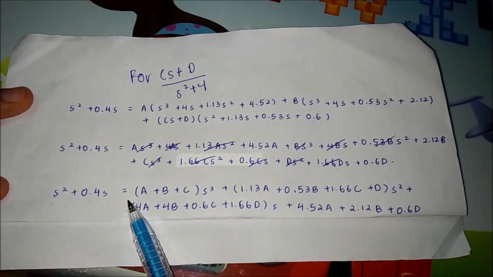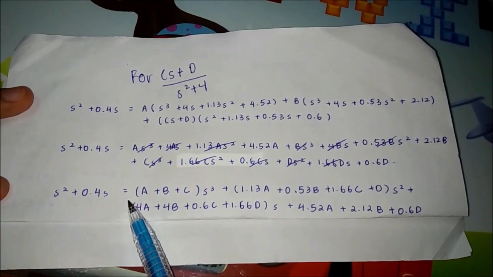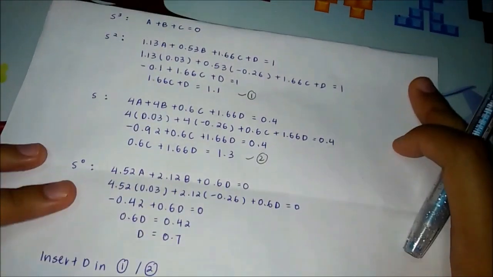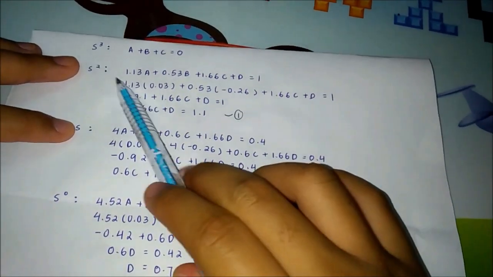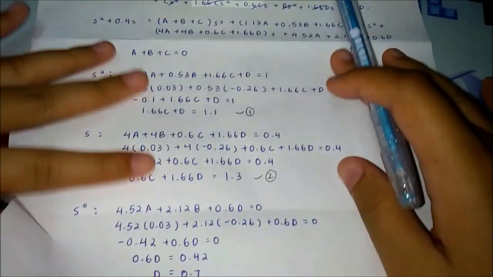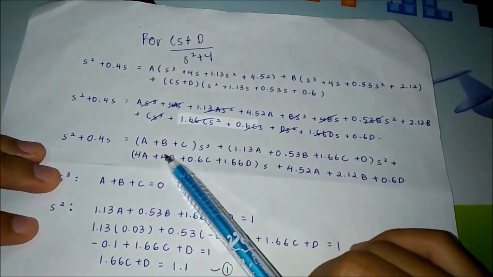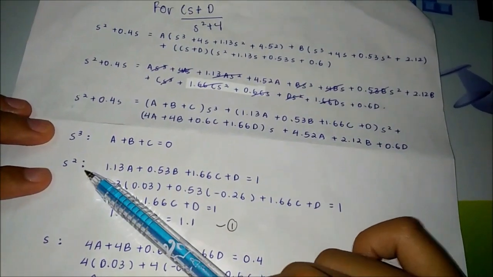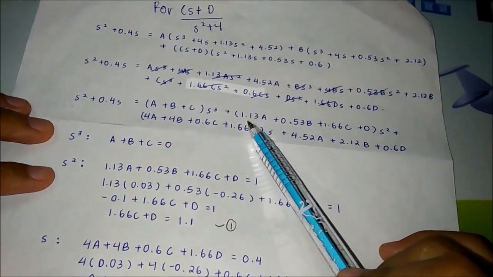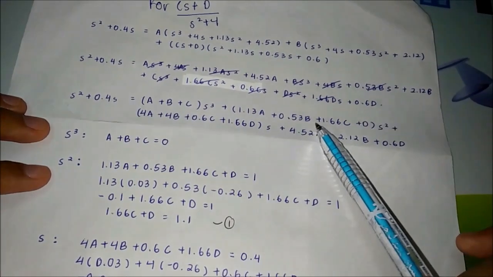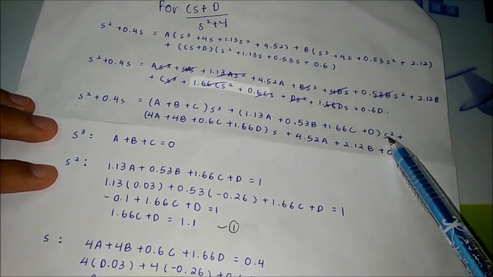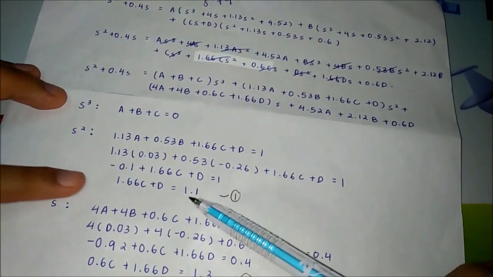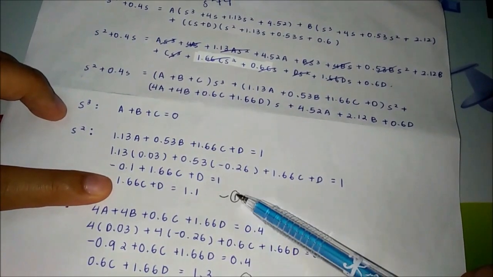We're using a comparison of coefficients. For s squared we've got 1.13A plus 0.53B plus 1.66C plus D equal to 1. So we compare, and we've got this equation, so we made it as equation 1.